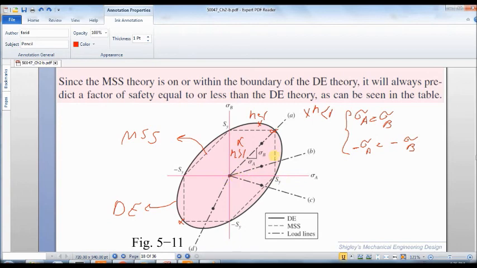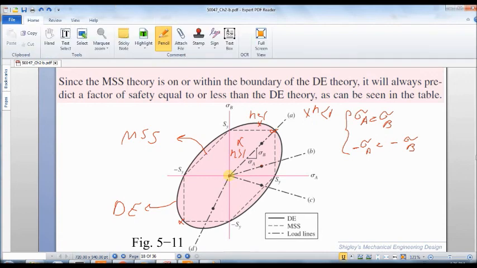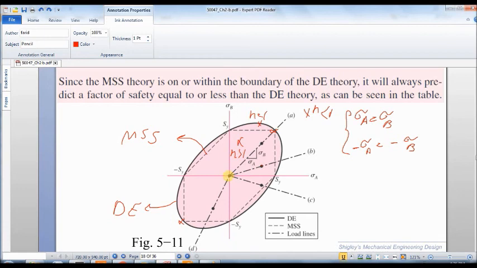Okay, in the second state of stress, part B, if we draw the state of stress which is here, as you can see, if we increase the load from 0, okay, here the load is 0, if we increase up to here, the safety factor is greater than 1.